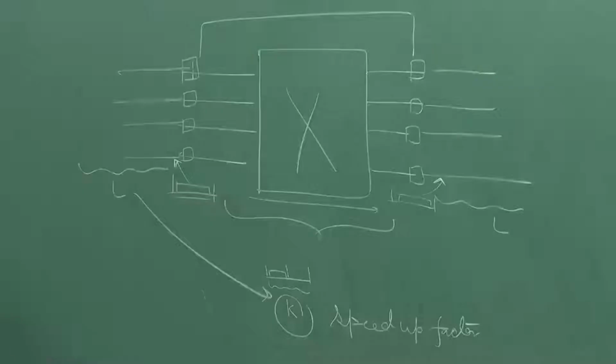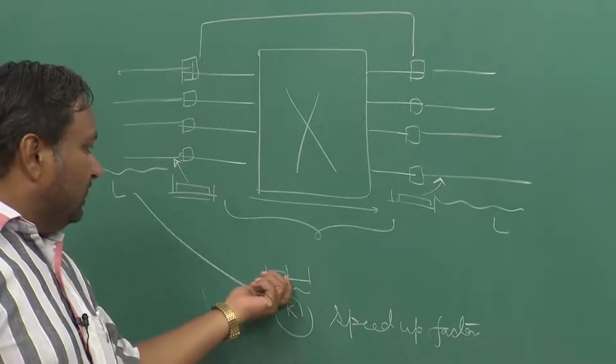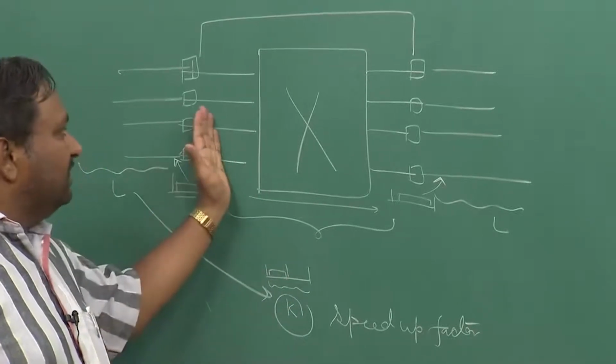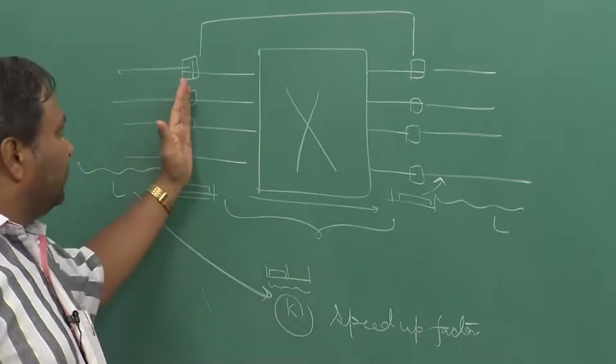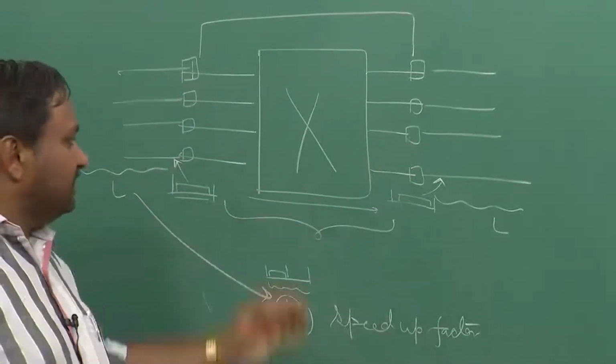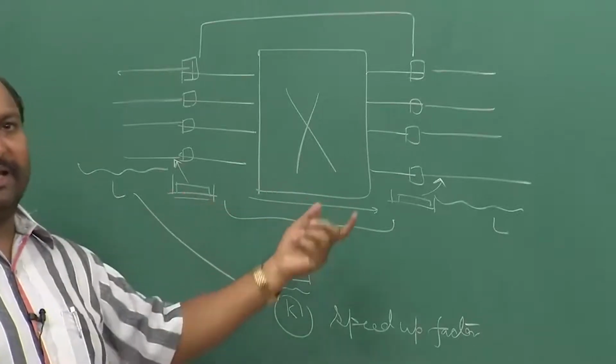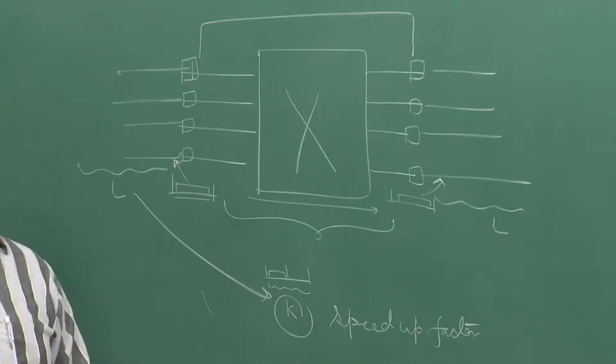If this speed up factor is 2, two mini slots will be used within the same period for transferring the packets from the input interfaces to the outgoing interfaces, which means in one slot period the crossbar can be configured 2 times.